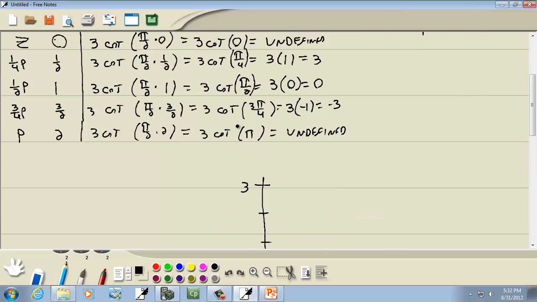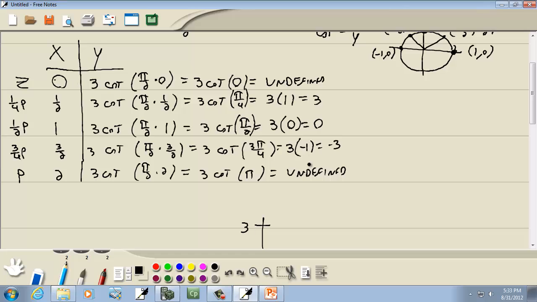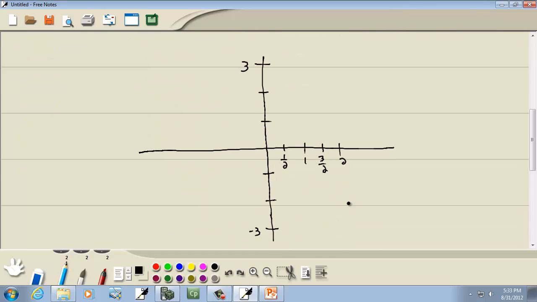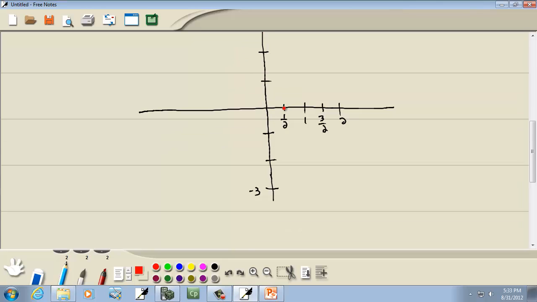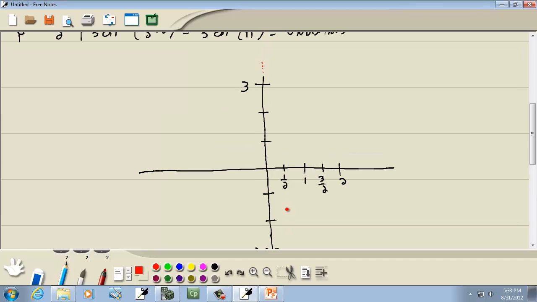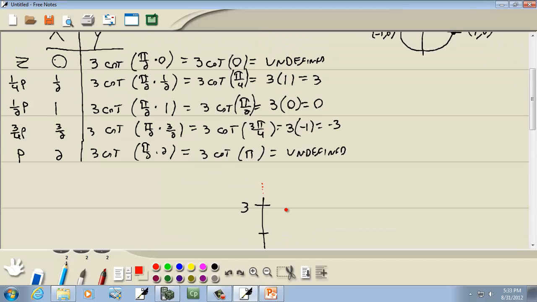Okay. First one, at 0, it's undefined. So let me scroll back down. Undefined. I'll put little dots up here at the top and down at the bottom to indicate it's undefined there. That's an asymptote. That's a vertical asymptote. It means it'll skim at some point. Then our next one is 1/2, 3.